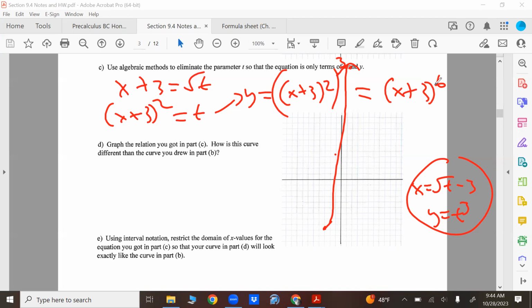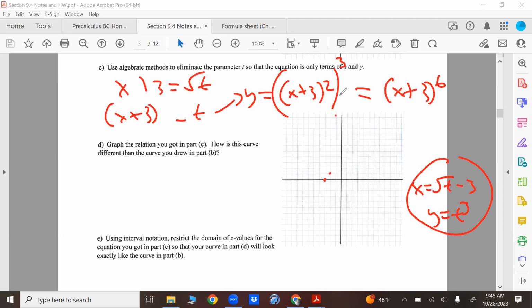So if I were to graph that, clearly there's a point -3 comma 0. Let me erase this previous graph. Yeah, let's do it. So -3 comma 0. And if I were to plug in -1, I would get 2 to the 6th power, 64. Yeah, so sorry. -2 is 1.